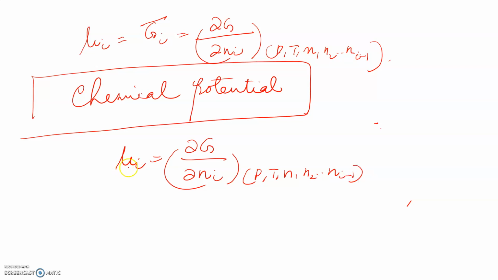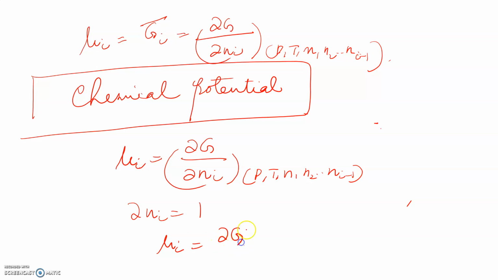So what is mu I? If dou Ni is equal to 1, what does that mean? We are adding 1 mole of the ith component to the system. If dou Ni is equal to 1, mu I is equal to dou G. What is dou G? Change in free energy.